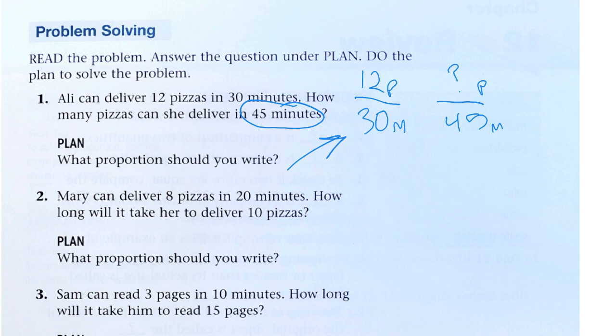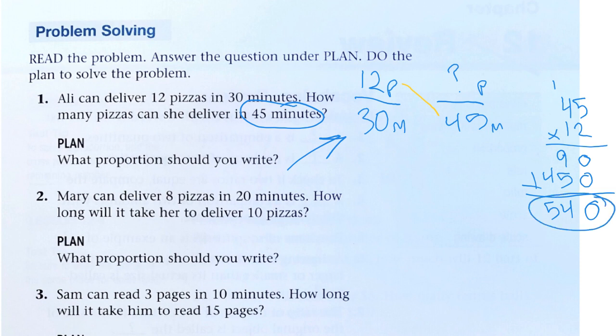We can find the cross product of 45 times 12. And we're going to get 540 as the cross product.